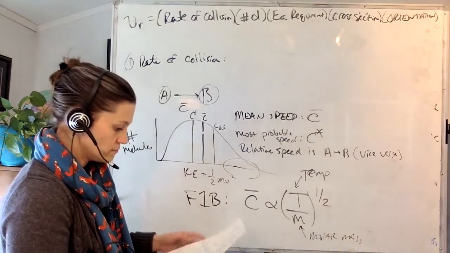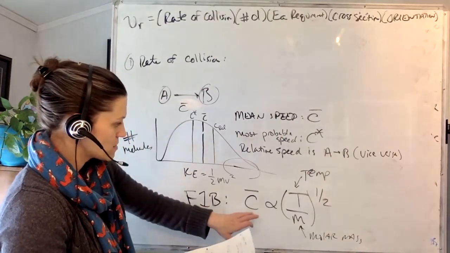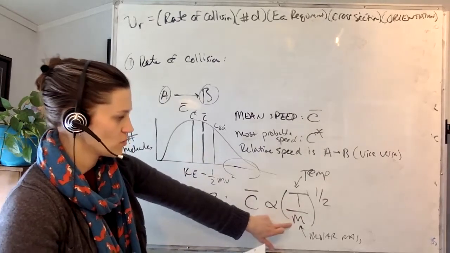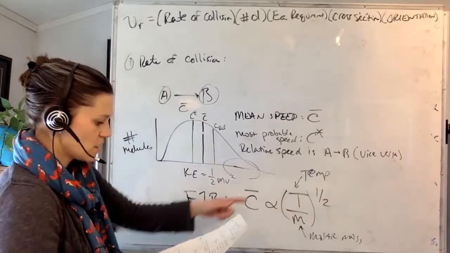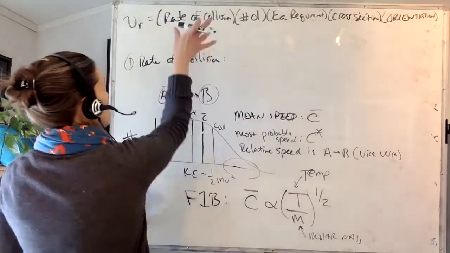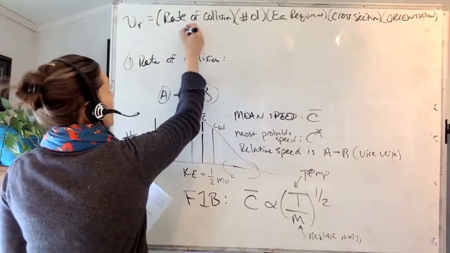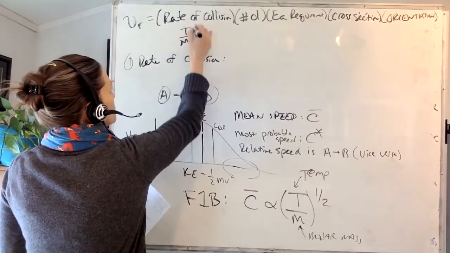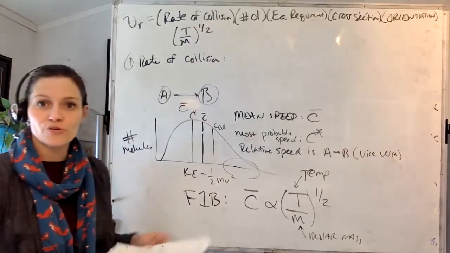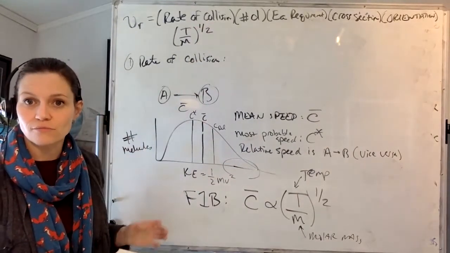Cool. So we're going to take this speed, which is proportional to the square root of the temperature over the molar mass, and put that into this. So now we've got (T over M)^(1/2) as the contribution to the rate of collision.